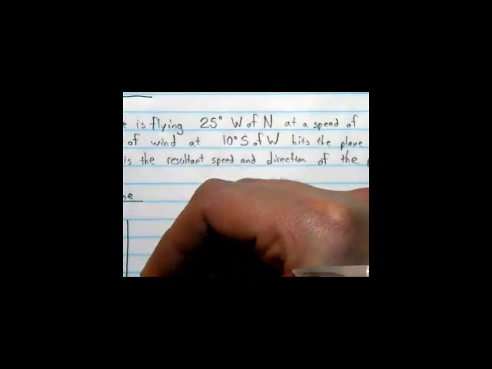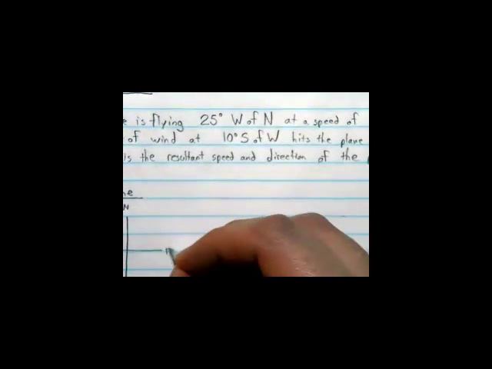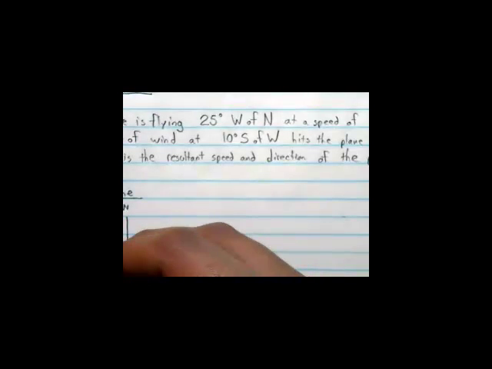All right, we said the plane is flying at 25 degrees west of north. Has anybody ever heard of something described that way before? A couple of you guys? Okay. All right, so here's what it looks like. Just think of the coordinate plane as being like the compass rose. So you've got north, east, south, and west.